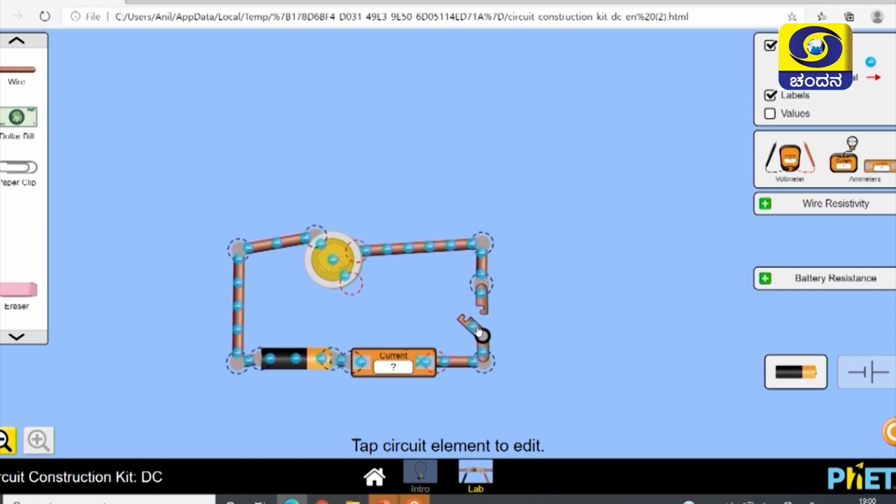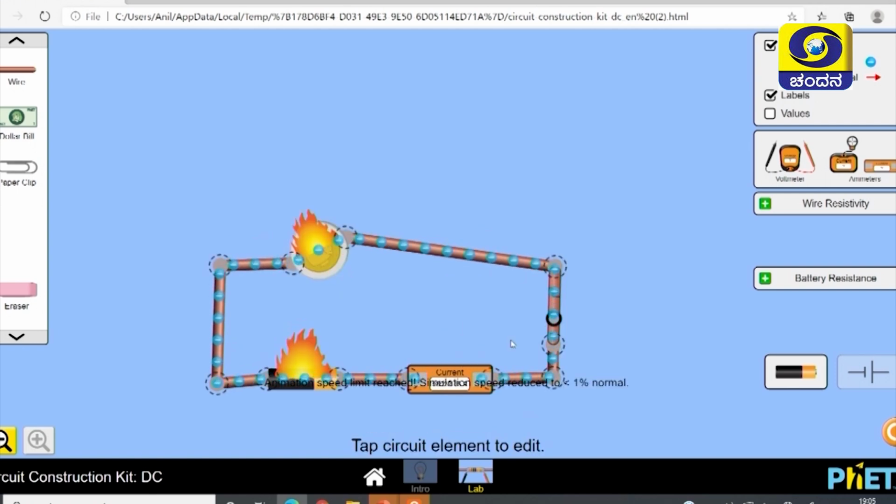Yes, as you can see, the charges are moving from minus to plus through the coin. So now the circuit is complete, and this is happening because the coin is a good conductor of electricity, because it is made up of metal which has a huge number of free electrons which pass through the circuit.